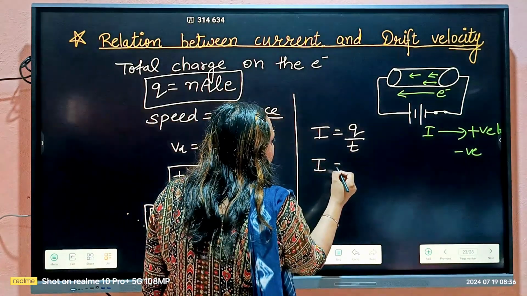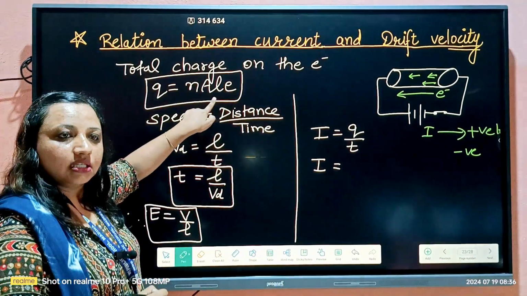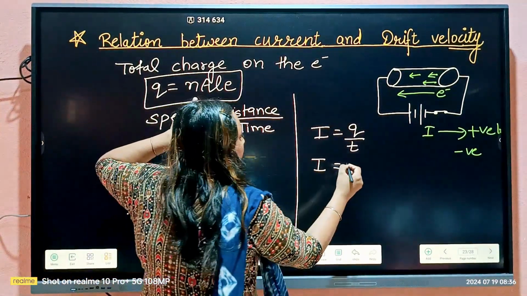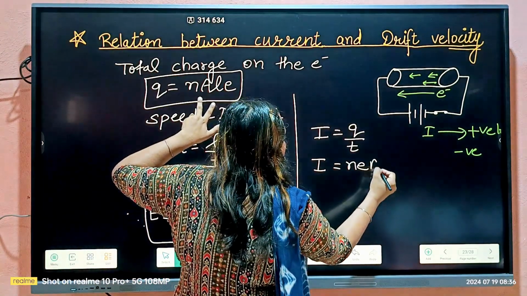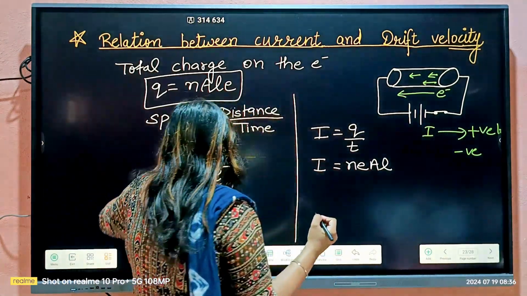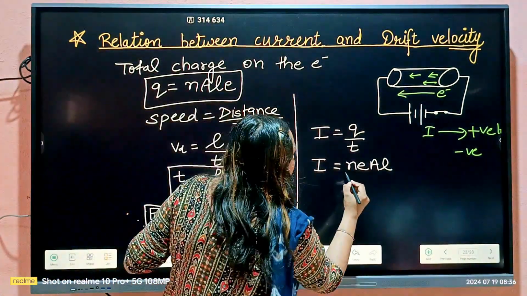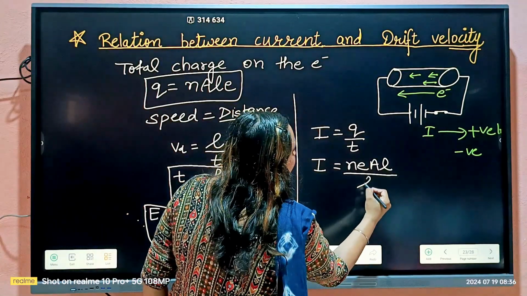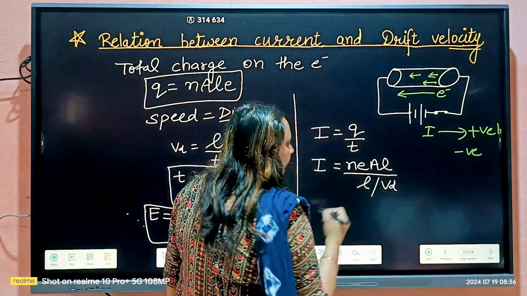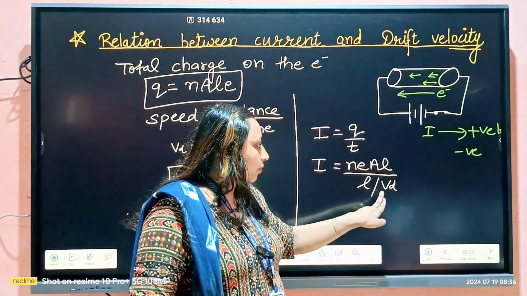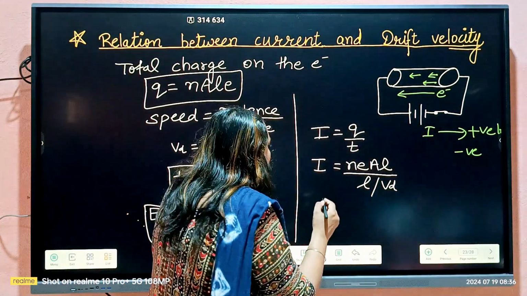I is equal to Q by t. We place this equation: Q is nALe, and t is L over Vd. So Vd goes up.